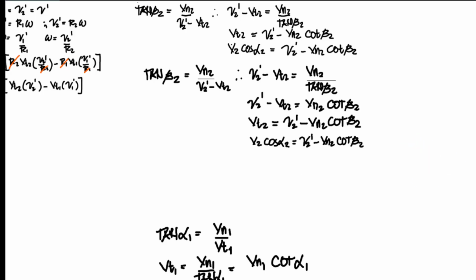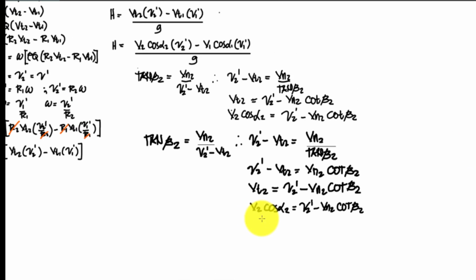So notice this one, the value of velocity 2 cosine of alpha 2 is already equal here, so we can substitute that one into the value of the head. Later on, we'll try to do that one.